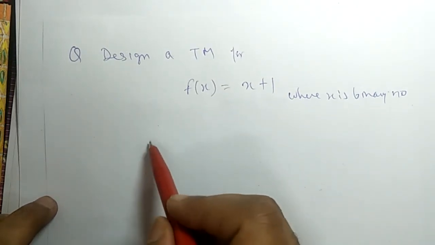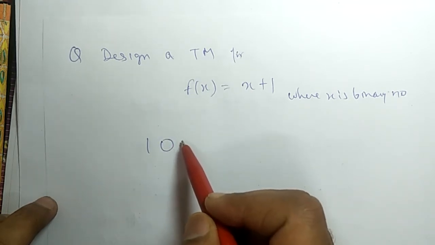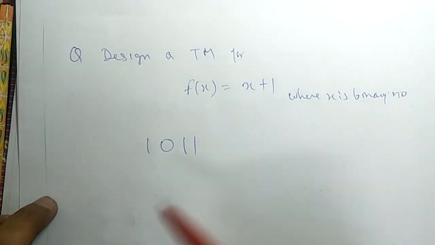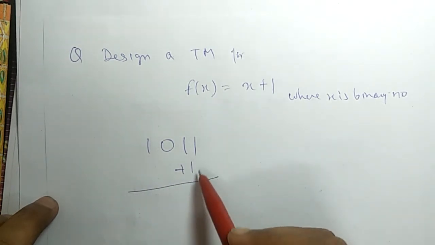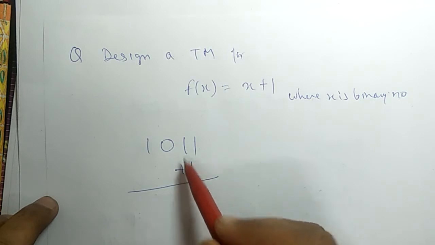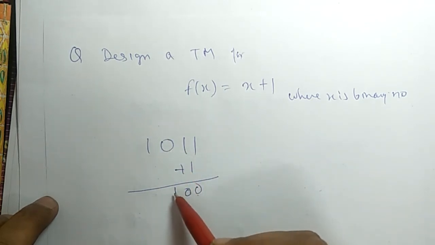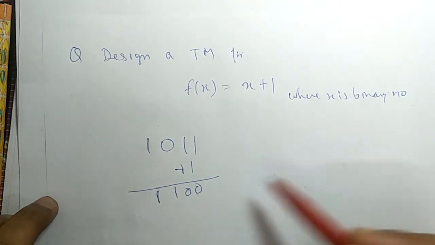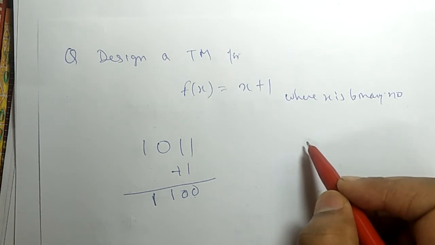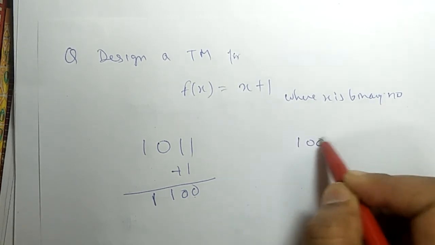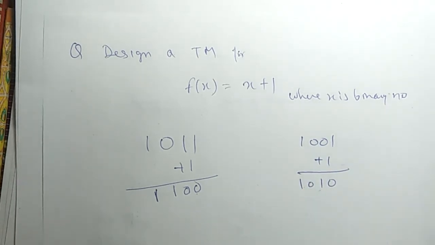Suppose we have 1 0 1 1 as an input, and by adding 1, what will happen? These 1s will be converted to 0, this 1 will convert to 0, and this 0 will become 1, and this will be the output. Suppose we have 1 0 0 1, we add 1, it becomes like this.